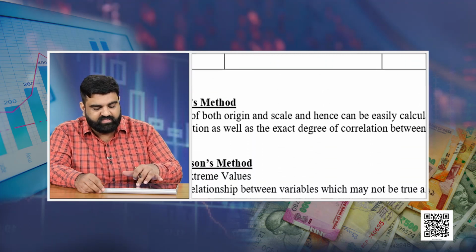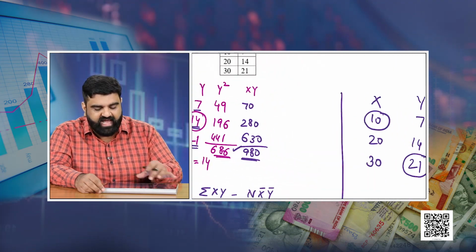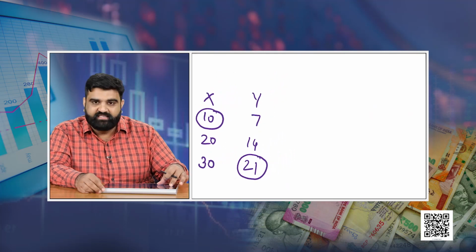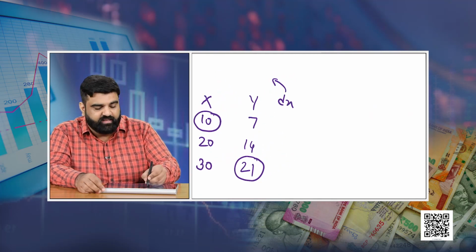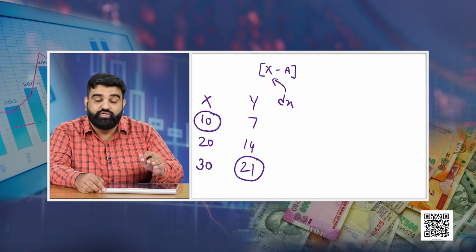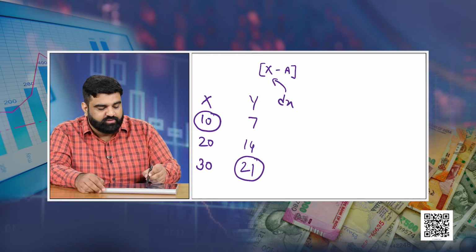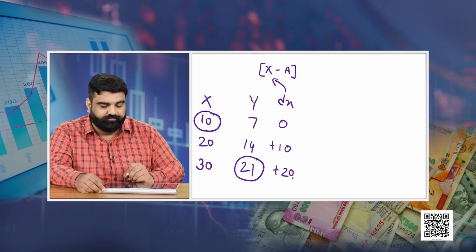So, let us first calculate the value of dx and dy. Basically, dx is the difference between x and the assumed mean. I am assuming the assumed mean to be a. So, let us find these values, which will be 0, positive 10 and positive 20.